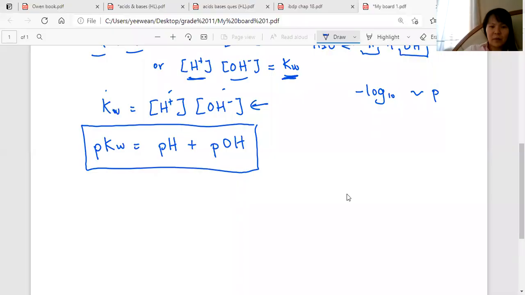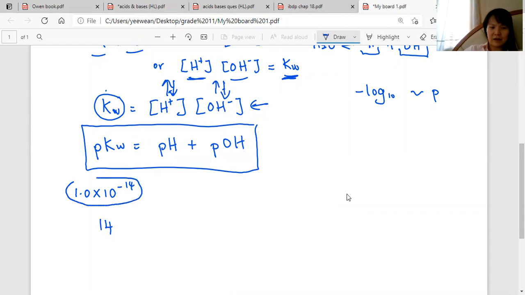In an acidic or a basic solution, this can go up and this might go down, or this might go up and this might go down, but it comes back to the same Kw. And we know that Kw is 1 times 10 to the power of negative 14. Therefore, if you take the negative log of this, that would be 14, right? You can try that. So pKw will always be 14.